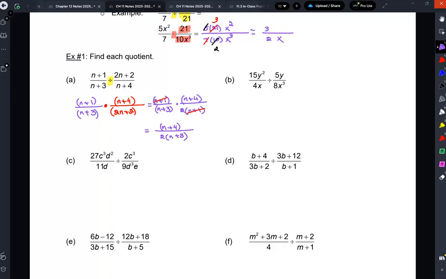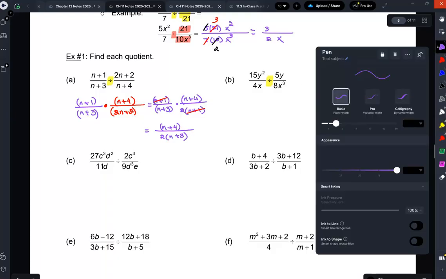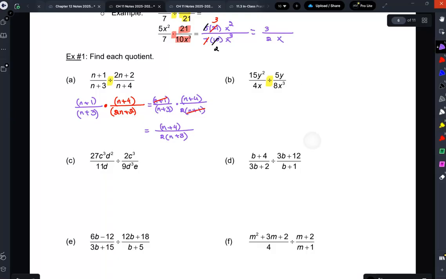I have a division again. So, okay, so 15y squared over 4x times 8x cubed over 5y.